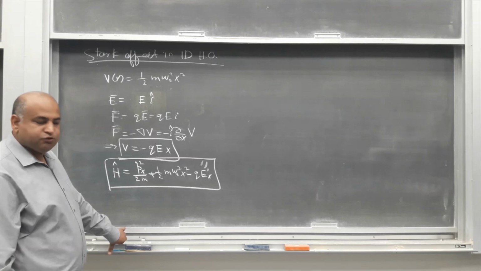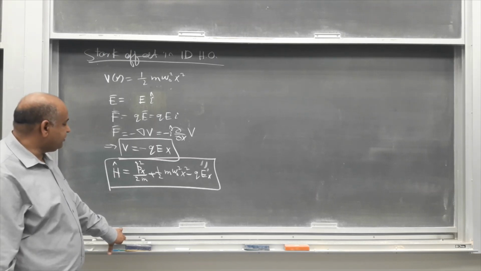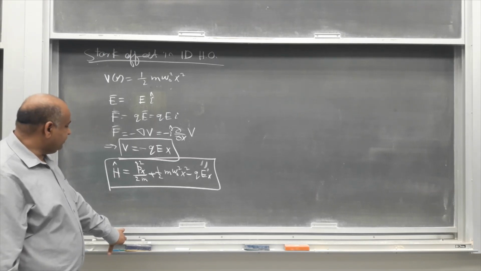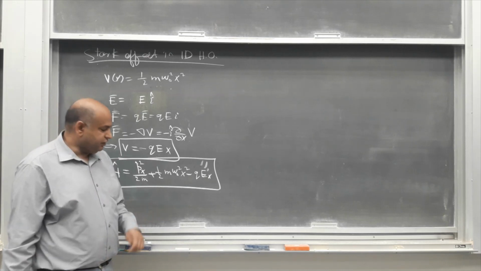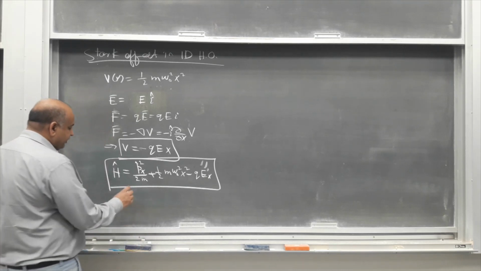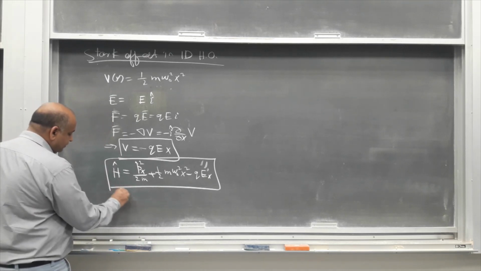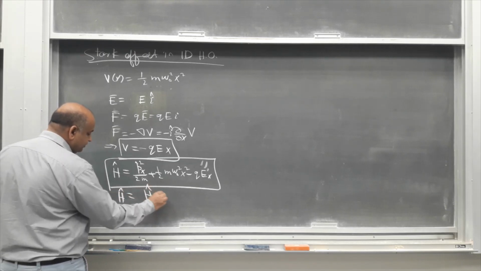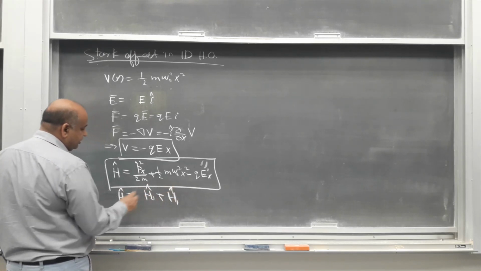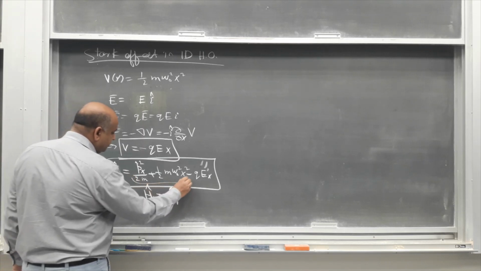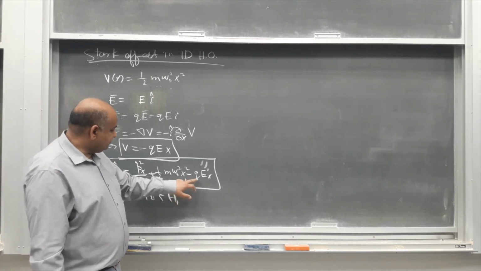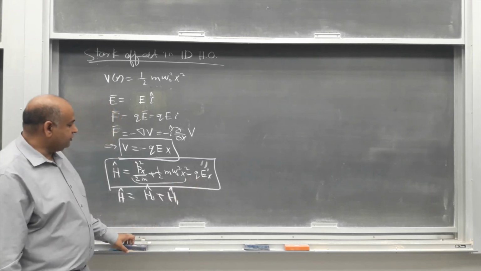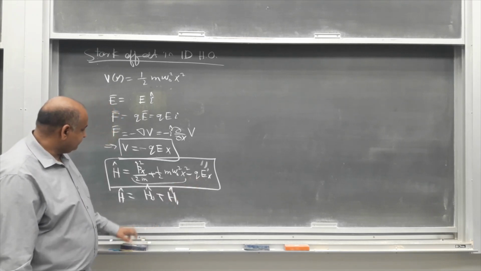purpose of illustration of the non-degenerate perturbation theory, we will find the eigenenergies for this Hamiltonian using perturbation theory. So clearly we can divide this Hamiltonian into two parts. So this H0 is this part. We already know the solution of this part, and this H1 is this external and additional term minus QEx.